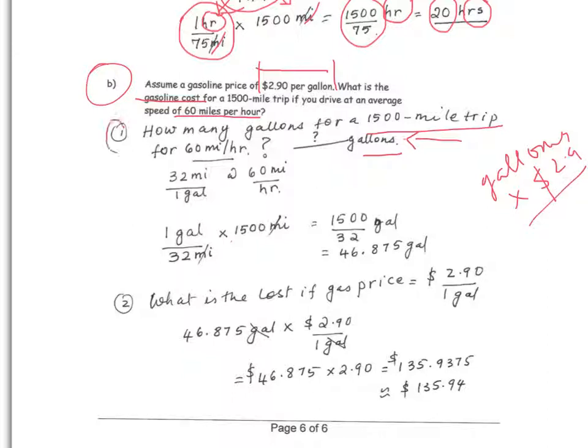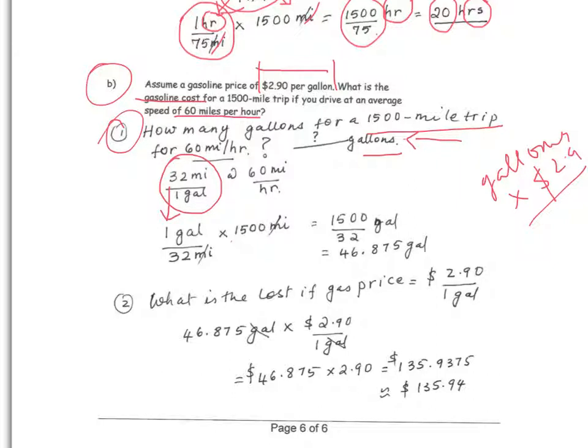So our step one is to figure out how many gallons. So the information that we have is 32 miles per 1 gallon, and we're going at 60 miles per hour. So we need to get gallons in the numerator. That's the reason why we flip this fraction. It's 1 gallon over 32 miles.